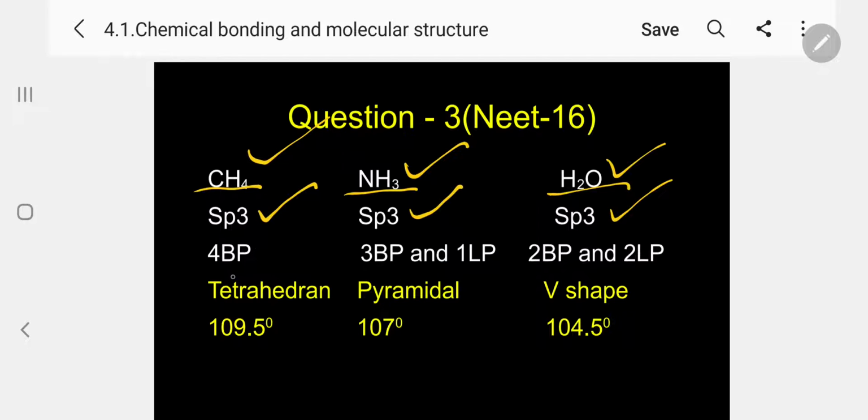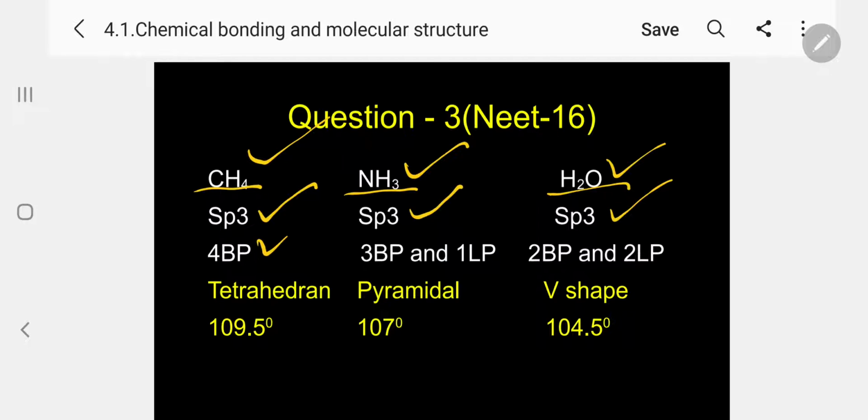But according to valence shell electron pair repulsion theory, the second postulate says that if lone pair bond pair repulsion is present, then the shape of the molecule will change.